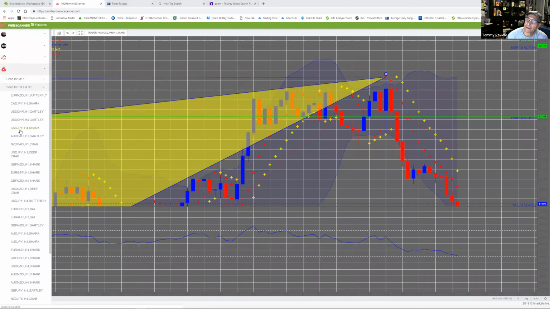I got CAD JPY, I got AUD CAD. So if this pair is moving and this pair is moving, CAD is in common. I can also go in and look at AUD JPY, AJ. So this scanner will also give me another opportunity to look at the trade, right?